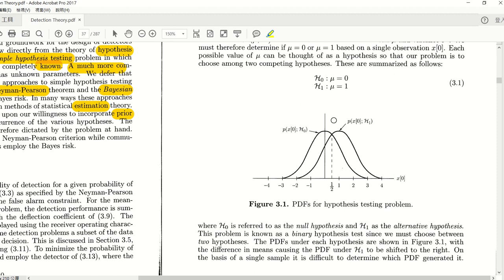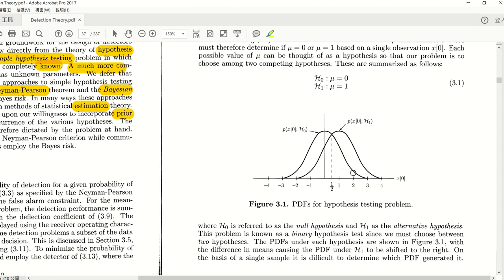Previously we would just say 1/2. Then I made an example: if a person comes up and says 1/3, and the other person likes to set a threshold differently, then what are we going to do with that? So this chapter is going to give you a detailed analysis.